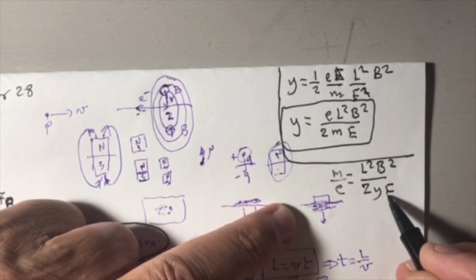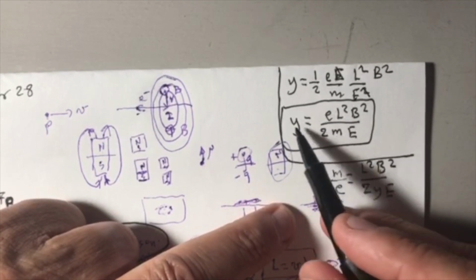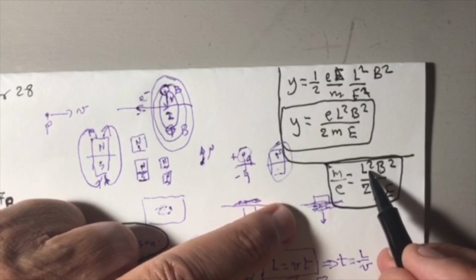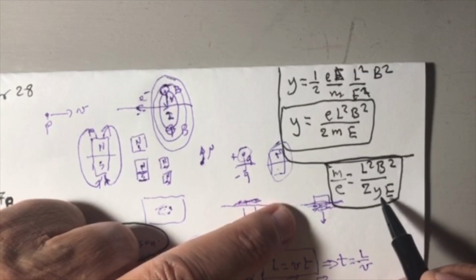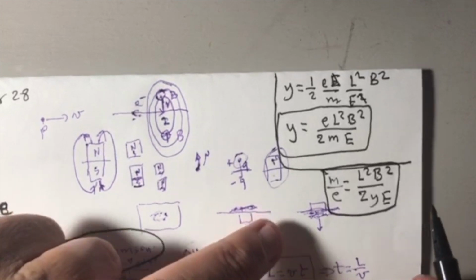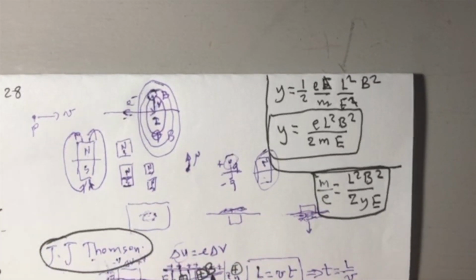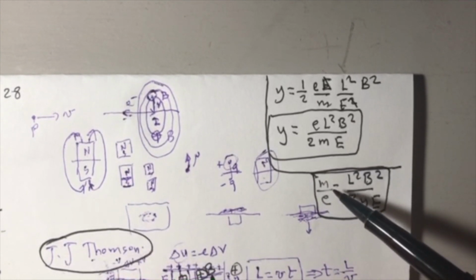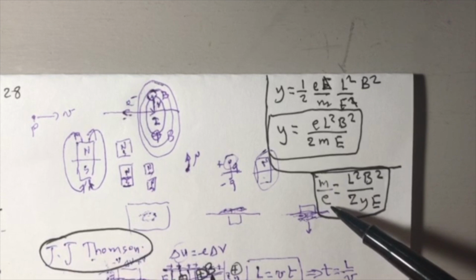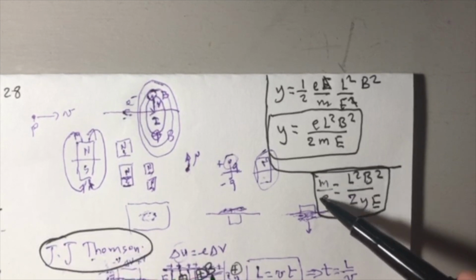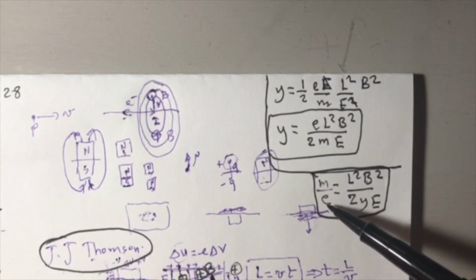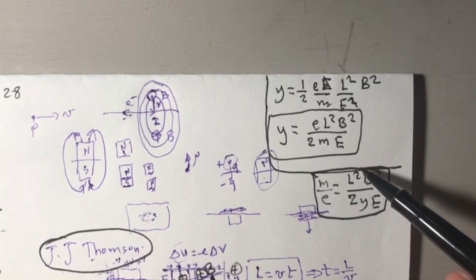Now what happened, this J.J. Thomson is a nice story. He got stuck because he was looking for the mass of the electron or the charge of the electron, but he found the ratio. He didn't know the mass of the electron. He didn't know the charge of the electron. But he knows the ratio.